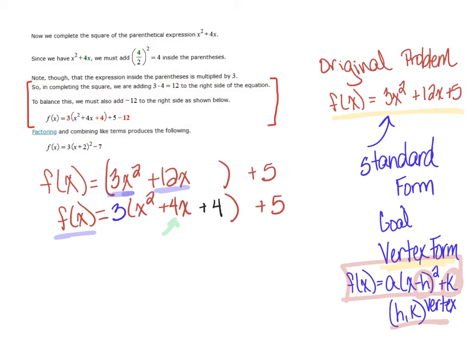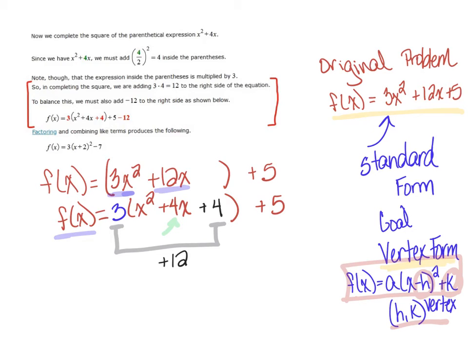But I didn't just add the 4. I added 3 times that 4. So 3 times 4 is actually 12. So on this part of my equation, I actually added a plus 12.